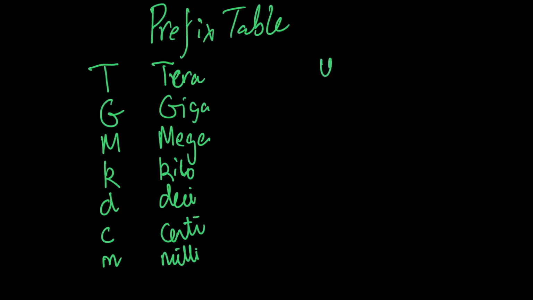So mu or micro, and then you have nano, small n, and you have pico, small p.